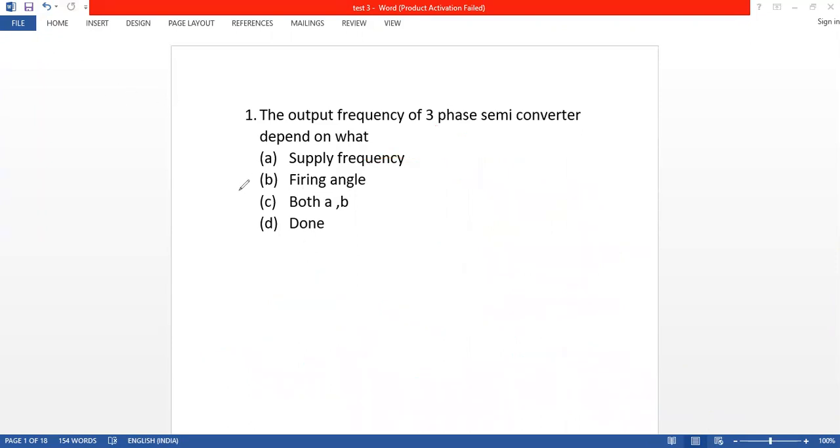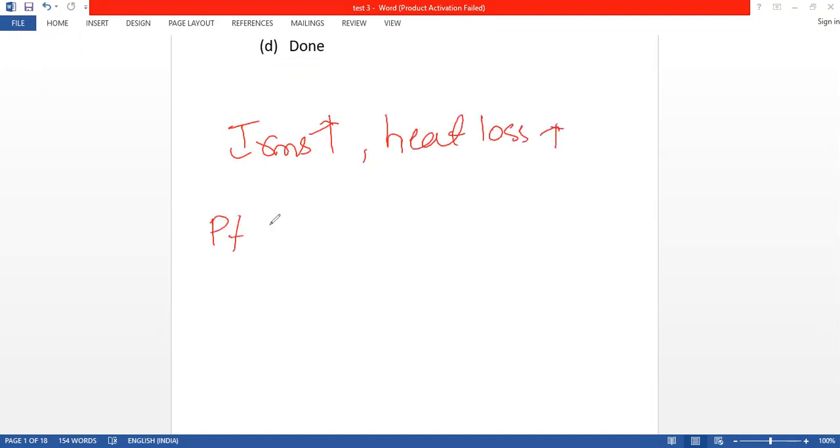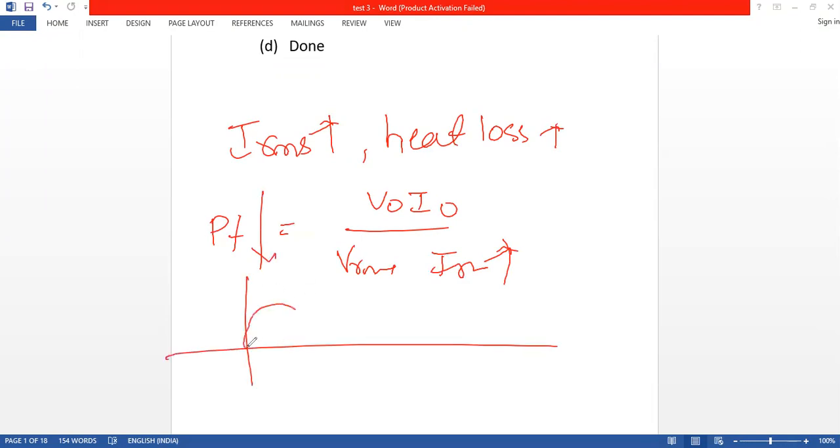So finally, what I want to say here is that IRMS increases, so heat loss increases. What is power factor? V naught I naught by VRMS IRMS. IRMS increases, so your power factor will decrease. Now, due to the presence of harmonics on the fundamental, the net resultant will have a dip.